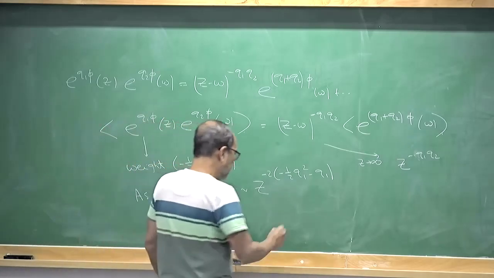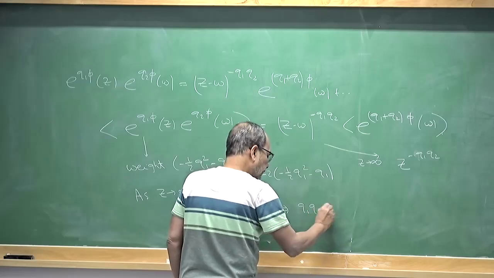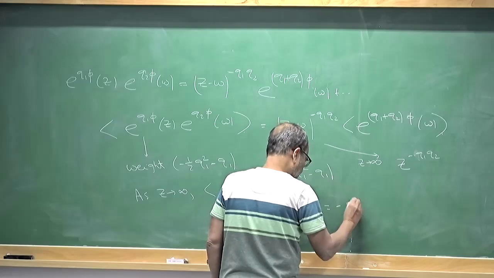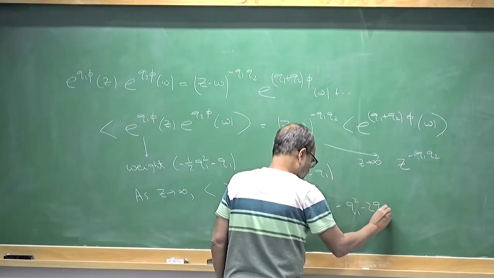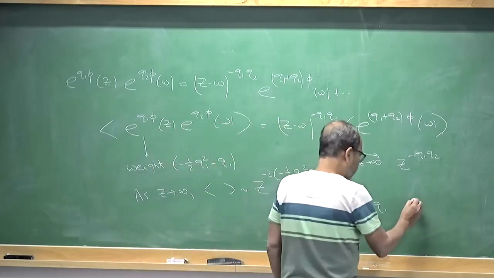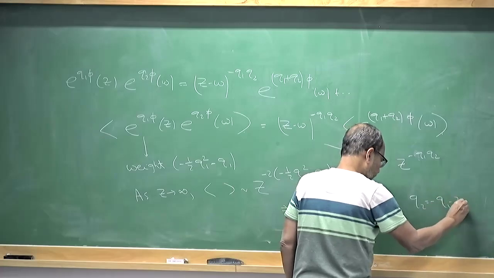So this tells us that q1 q2 is minus q1 squared minus 2q1, or equivalently q2 is minus q1 minus 2.